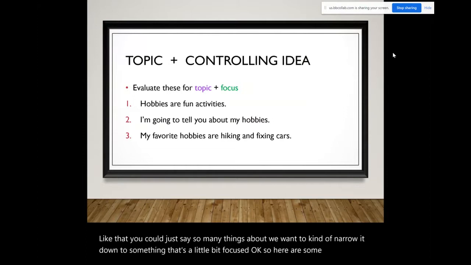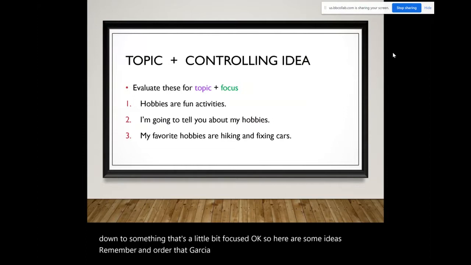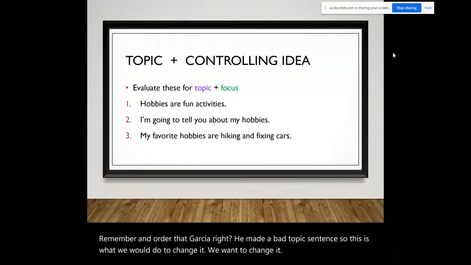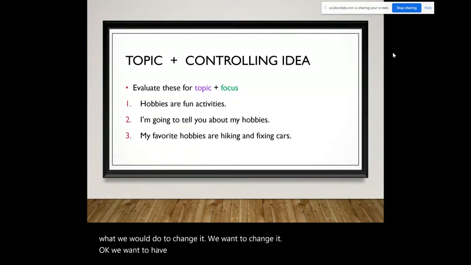Remember Eduardo Garcia, right? He made a bad topic sentence. So this is what we want to change. Okay, we want to have a topic with a focus. In your book on page 14, let's look at that for a second.